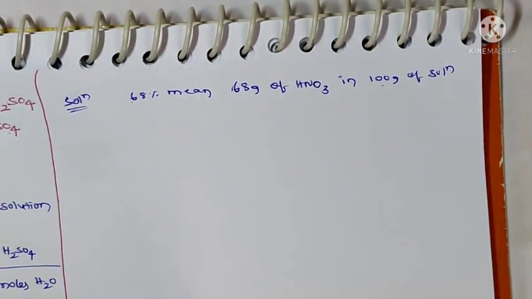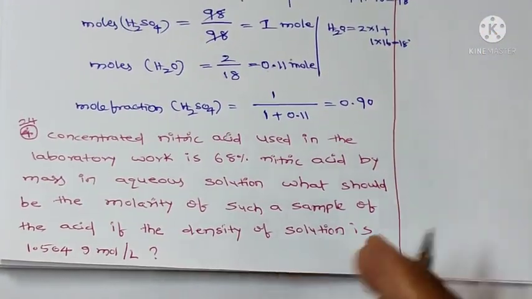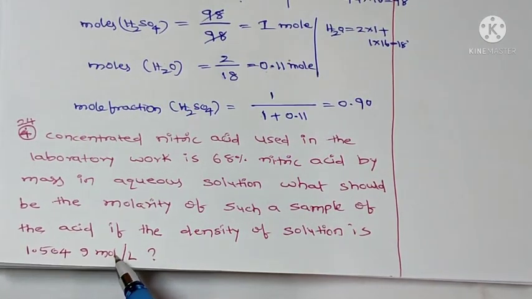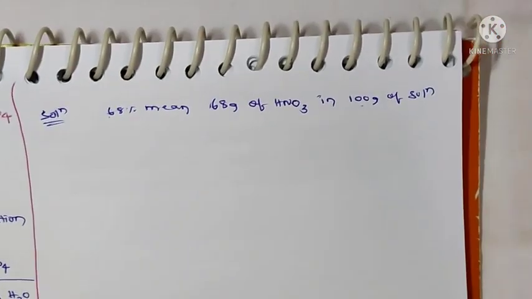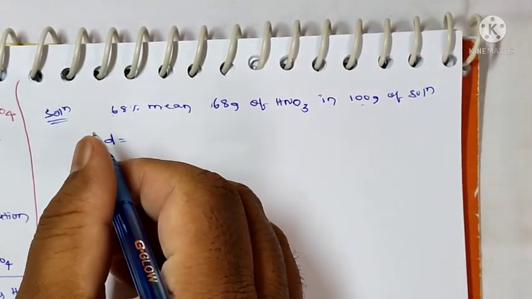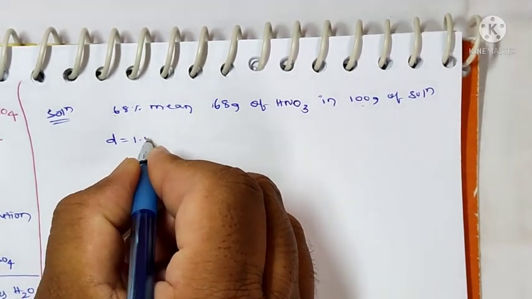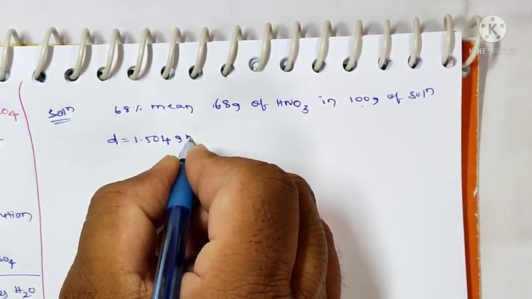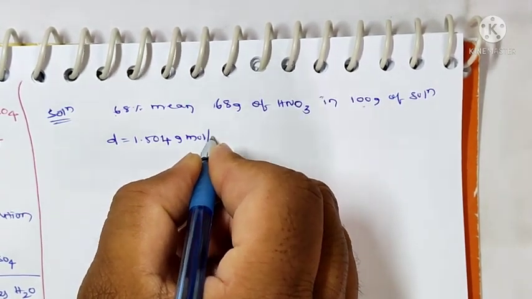And also the density is given. The density D is equal to 1.504 gram per mL.